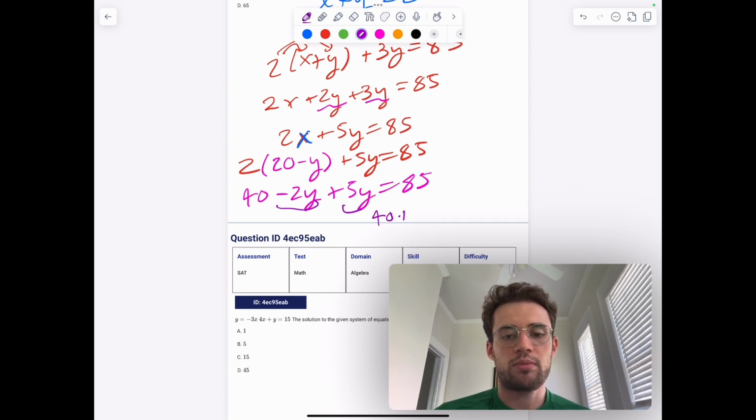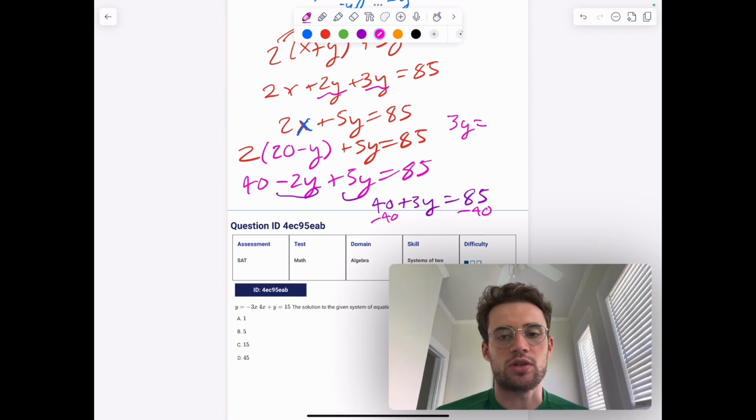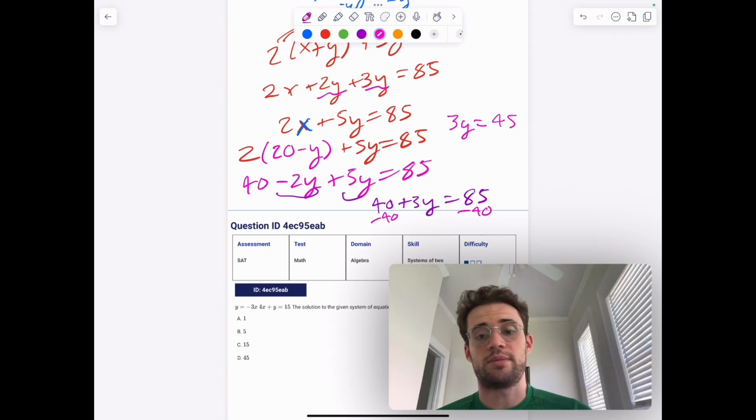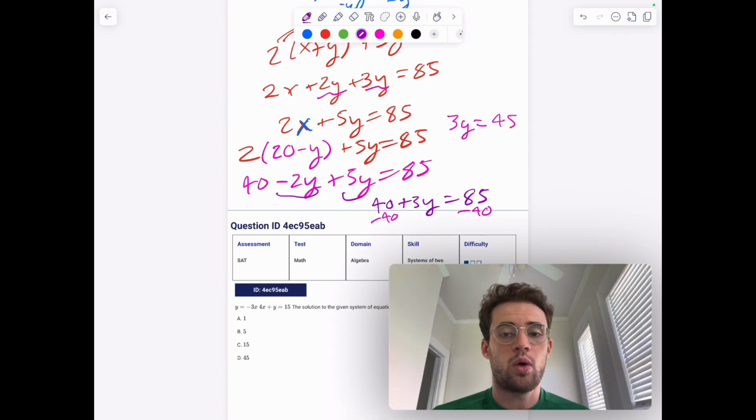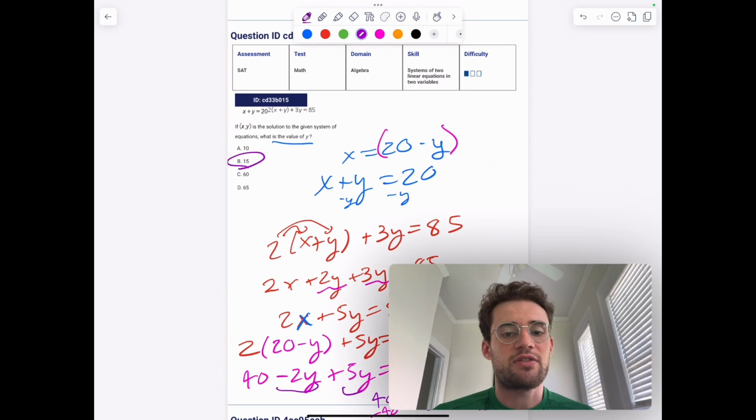So we get 40 plus 3y equals 85. And now I'd subtract 40 from both sides, leaving us with 3y is equal to 45. Then you can think, what times 3 makes 45? That'd be 15. Or just divide both sides by 3, and y will be 15. All right, so you could just do it that way. You don't need to find x.